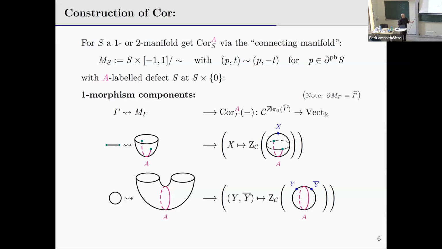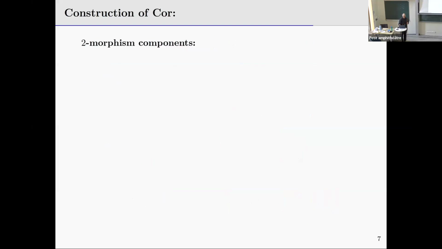And for this to make sense, coming back to Azad's question, you need an extension of the non-semi-simple 3D TFT, which knows what happens to these surface defects or to these codimension 1 defects. For the two morphism components, you essentially do the same thing. The pictures become slightly more complicated, and I think Ingo will be going into more detail on them tomorrow.